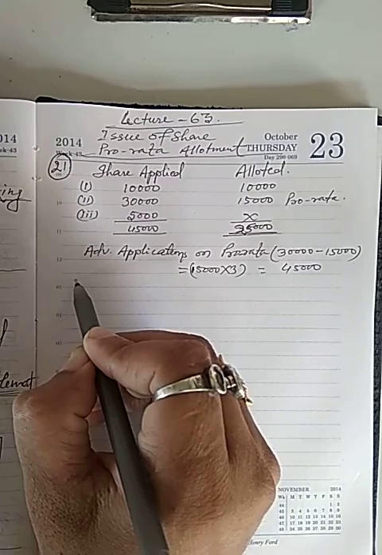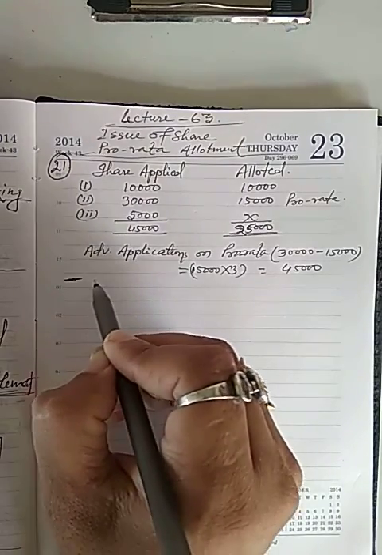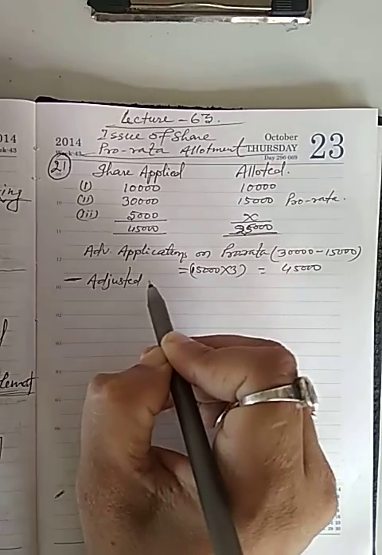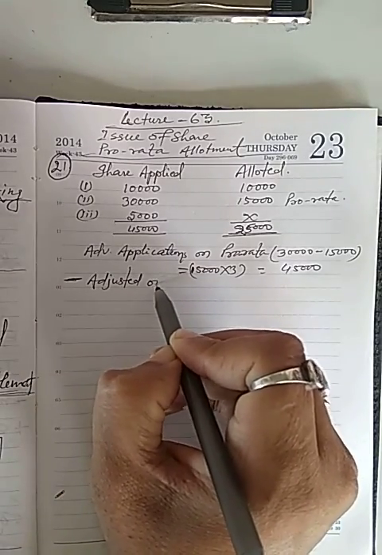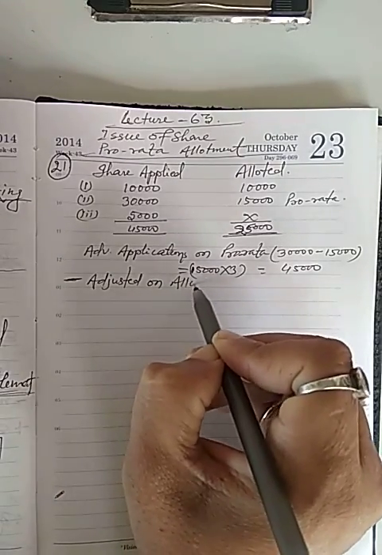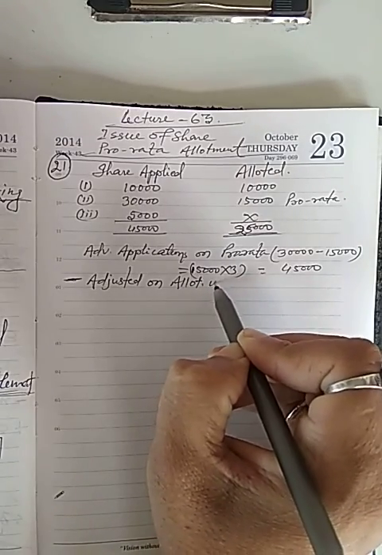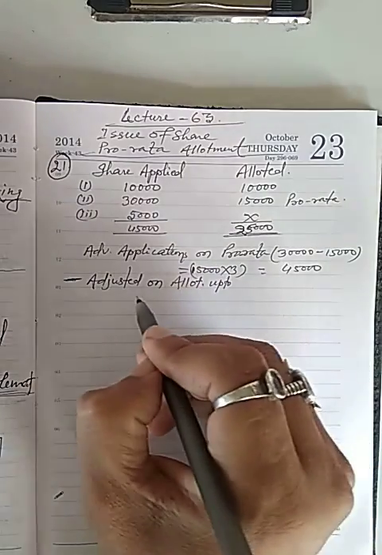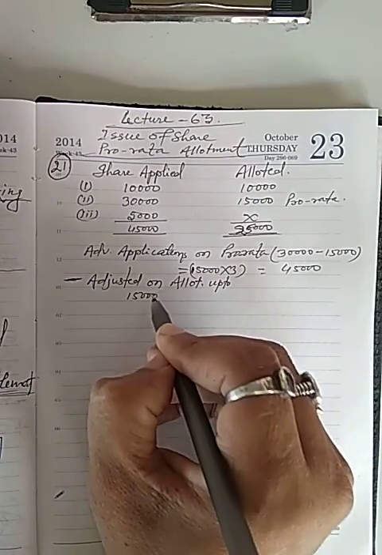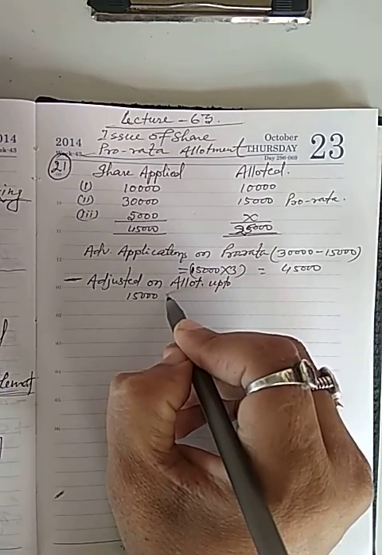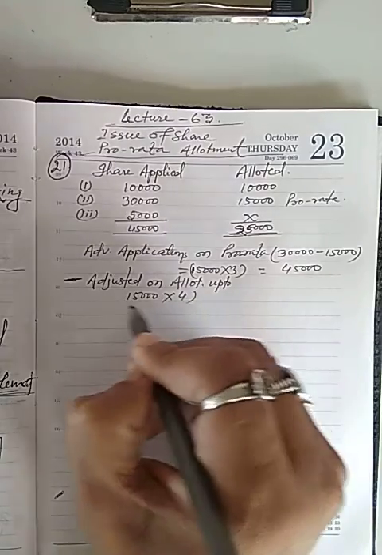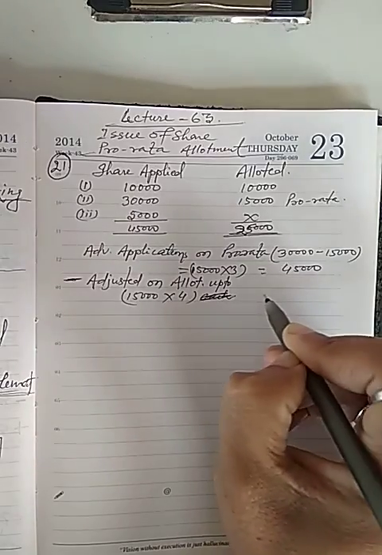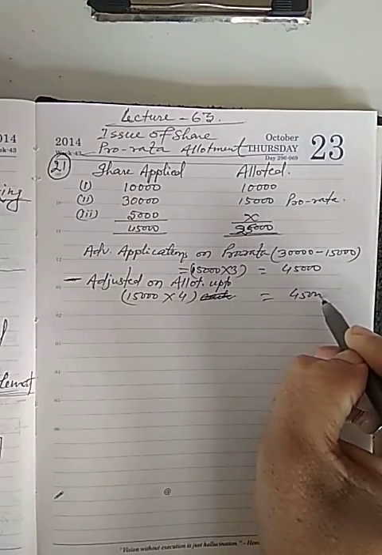Now less: adjusted on allotment up to 15,000 into 4 each, equals 60,000.